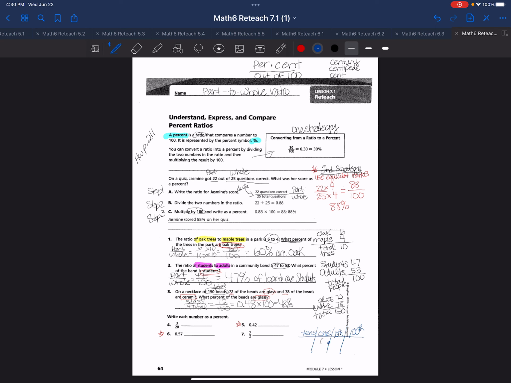So remember, if I have 57 hundredths, I can write that as 57 hundredths as a fraction. And if that's out of 100, then I know that's 57%. Again, write 42 hundredths in your place value chart. And because that's 42 hundredths, I can then just say it out loud and write that as a fraction. 42 hundredths, that's out of 100, so I know that's 42%.